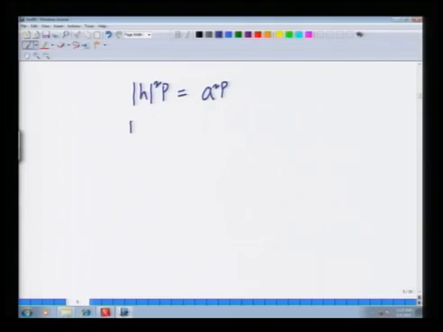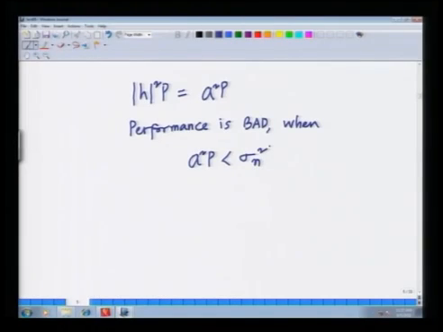We can say the performance is bad when a square p is less than sigma n squared, that is the power at receiver due to fading is less than the noise power, which means a square is less than sigma n squared over p, and recognize this sigma n squared over p is nothing but 1 over SNR.